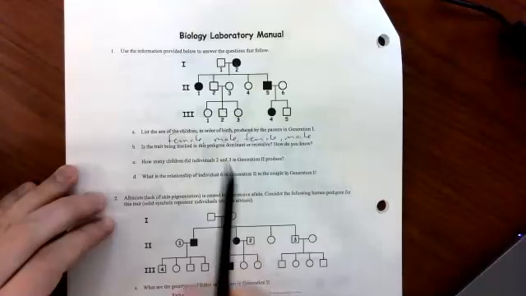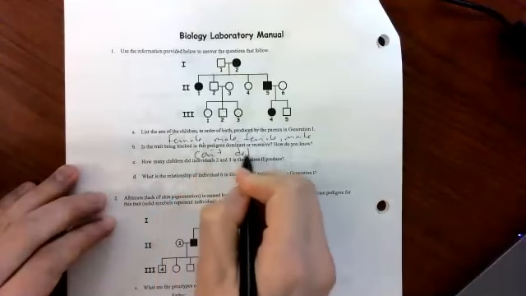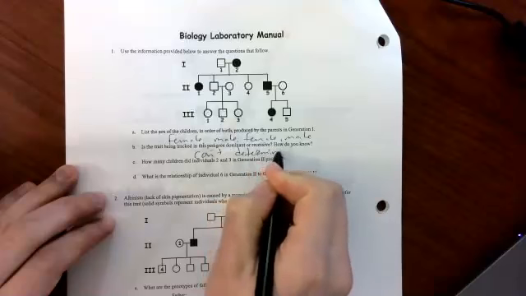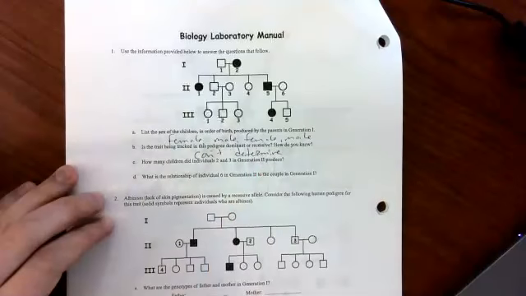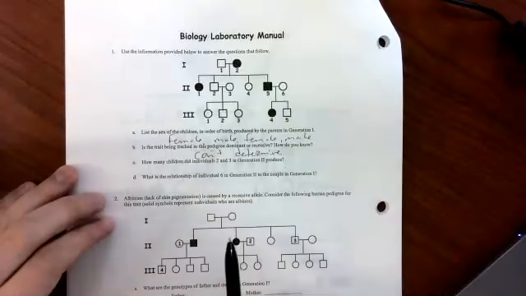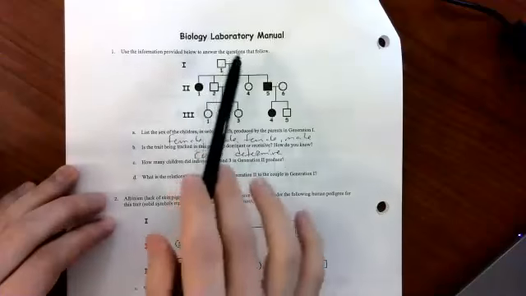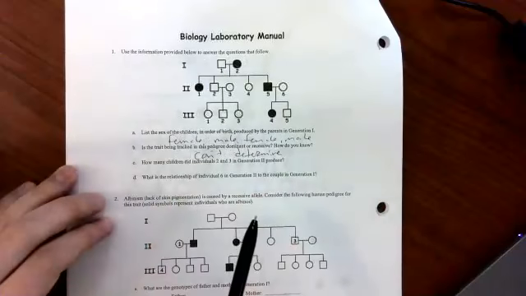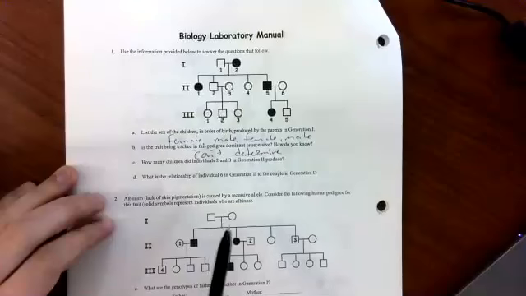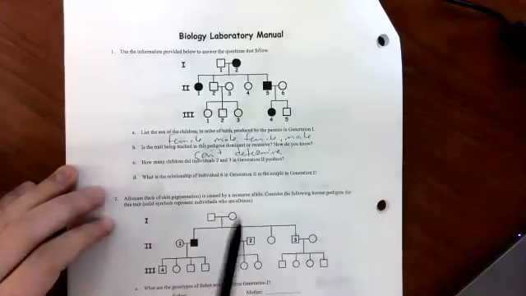Here I have both. In this pedigree, you can't determine, because you could track it as dominant or you could track it as recessive, and both would work out. If I had to pick one, I'd probably pick dominant because it shows up in every generation. But based on what's here, you can't determine if it's recessive or dominant because you could track this pedigree as both.